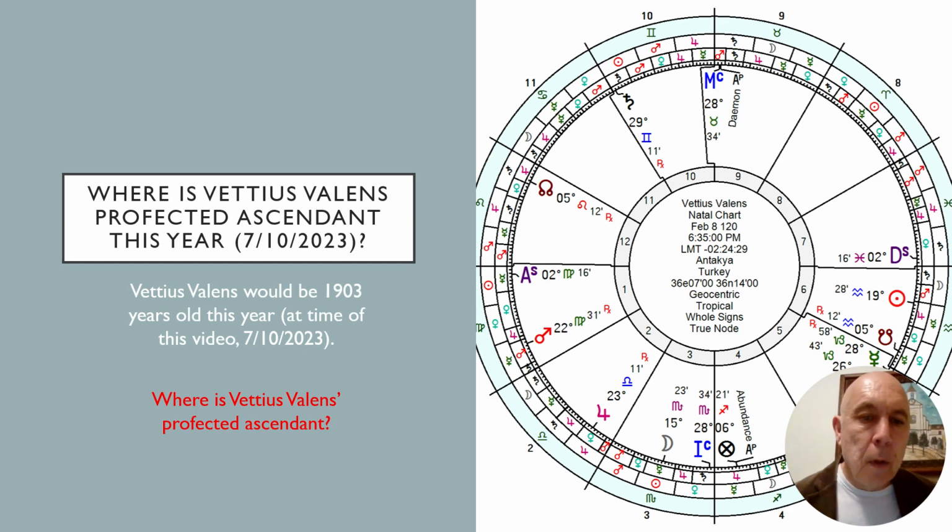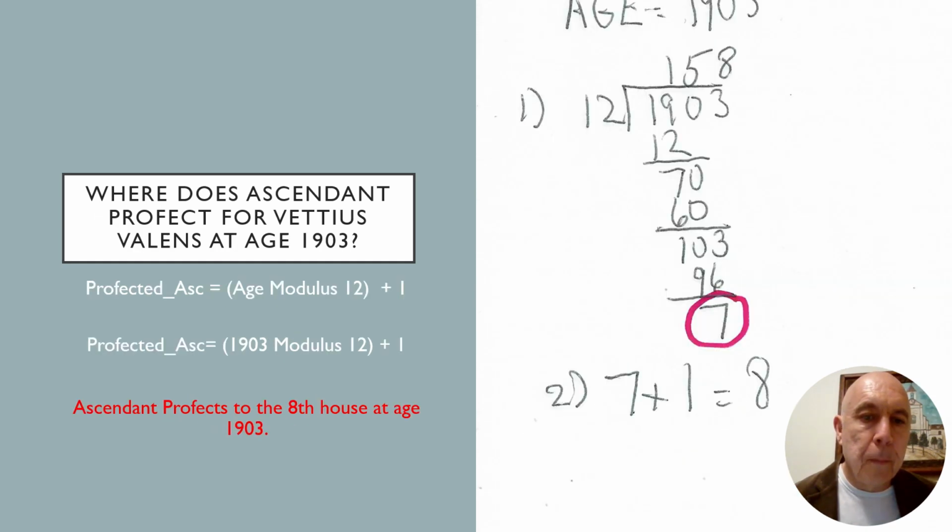Okay, so where is Vettius Valens' ascendant perfected to? Do you know how to do it? Okay, let's continue and let's look.